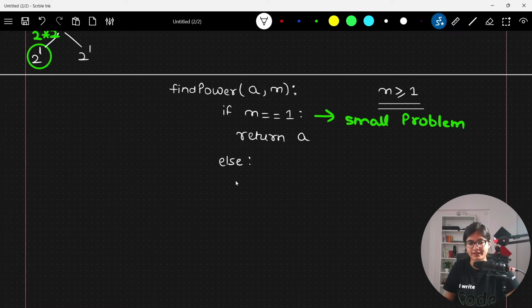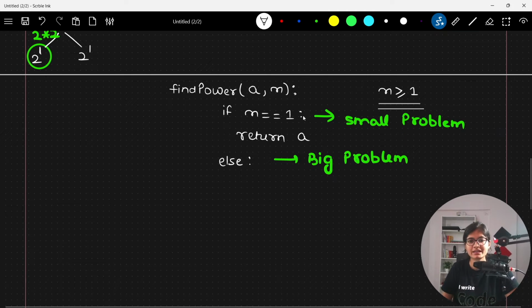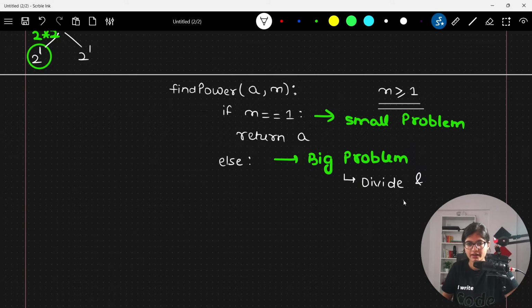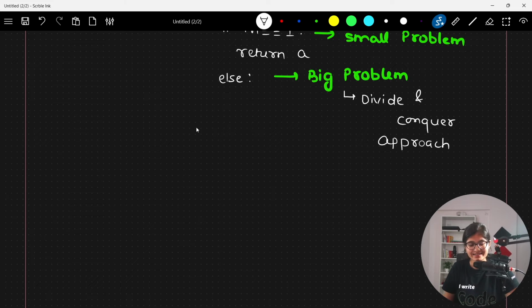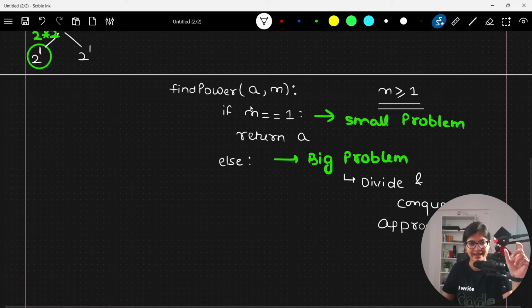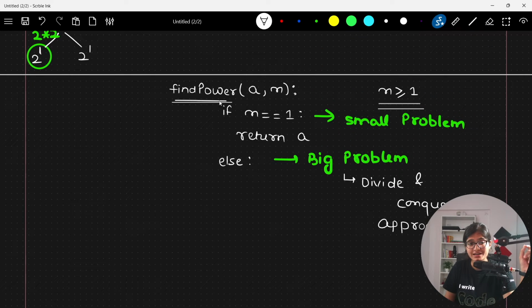Otherwise, and this is the important thing, in the else case, it means that it's a big problem. And if it is a big problem, we need to apply a divide and conquer approach. What that approach says is that I will call the same function again, which is also known as recursion.